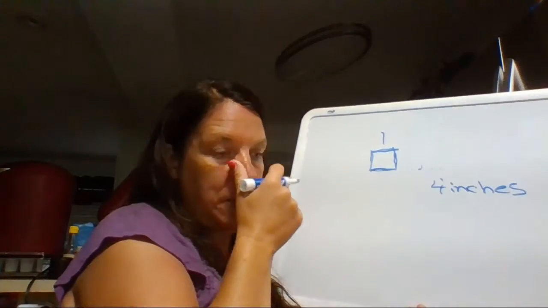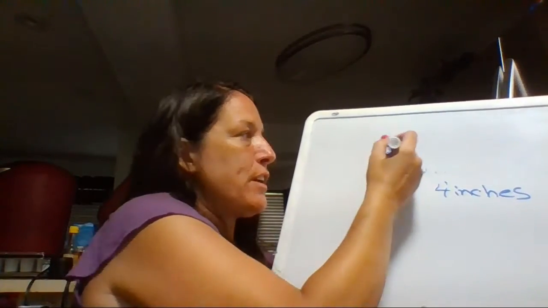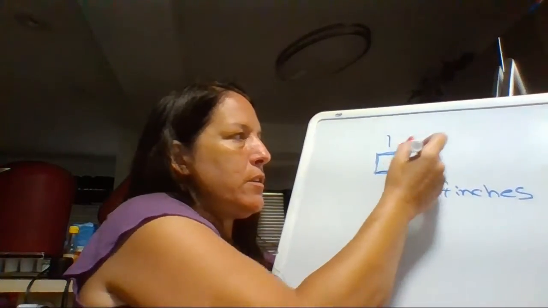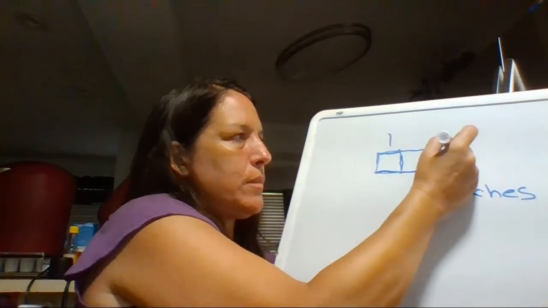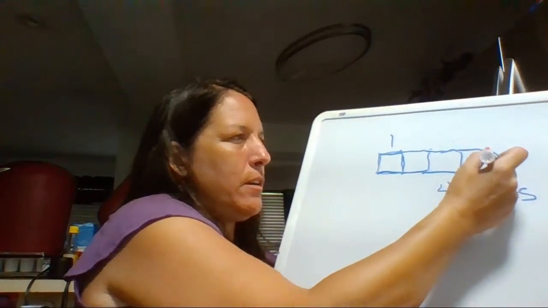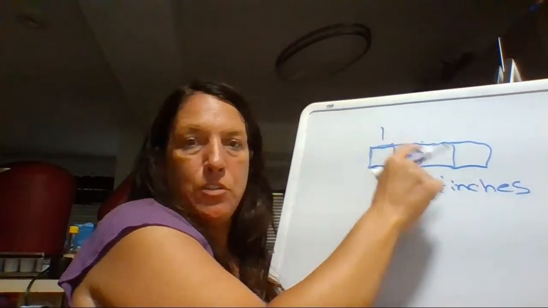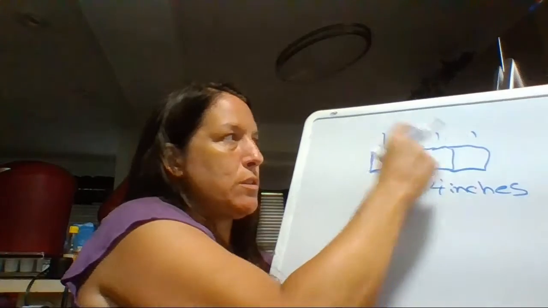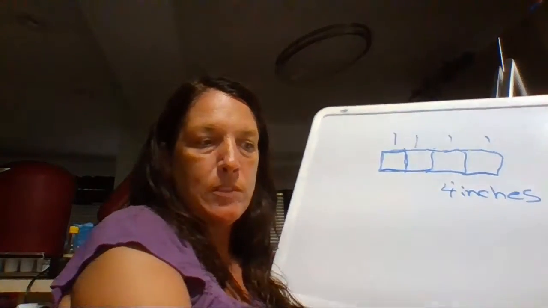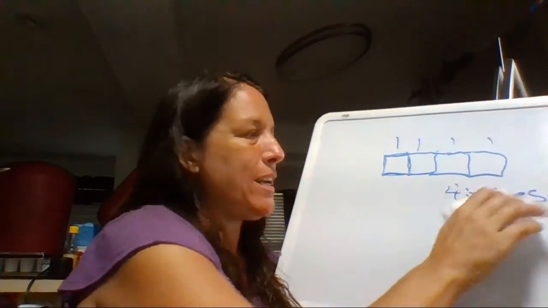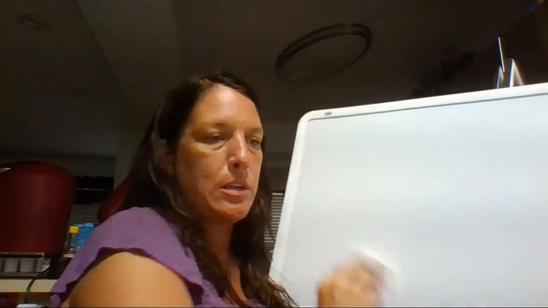Each one was 1 inch. A should have been your answer. 1, 2, 3, 4. The whole thing was 4. Each one was 1 inch. So it was letter A, 1 inch was how much 1 square was.